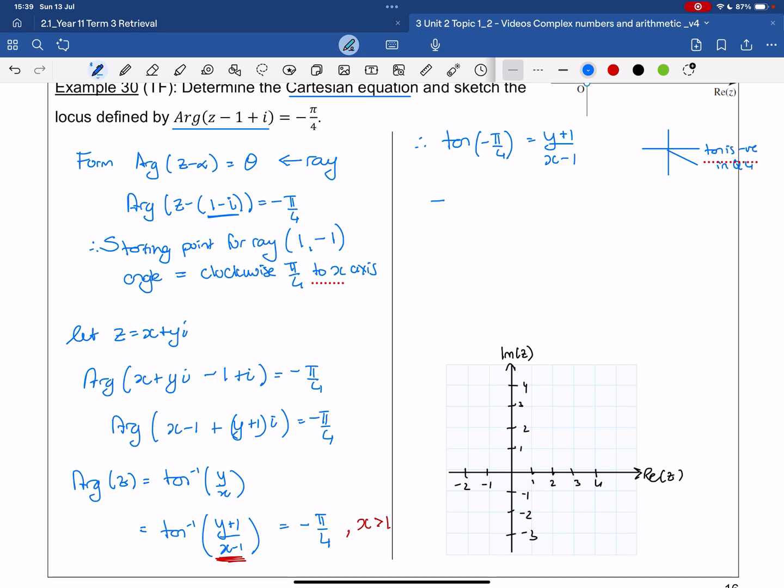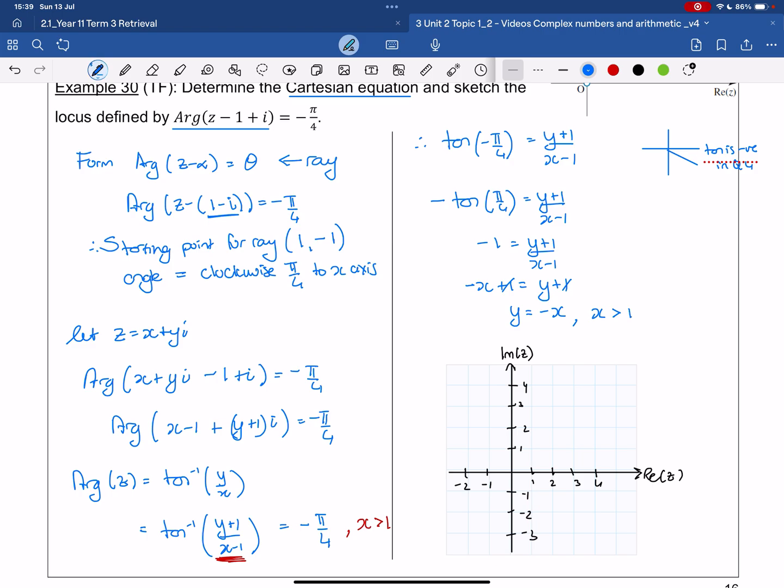So that means that negative tan of pi on 4 has to equal y plus 1 over x minus 1, and tan of pi on 4 is just 1, so negative 1 is y plus 1 over x minus 1. I can cross multiply over there, so I get negative x plus 1 is y plus 1, and my plus 1's cancel, and I get that y equals negative x, as long as x is greater than 1.